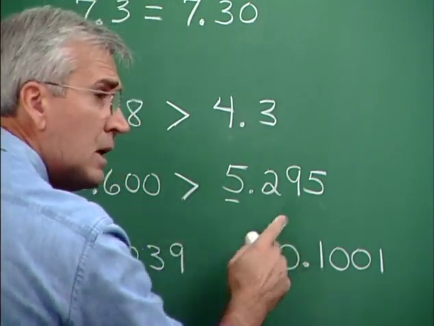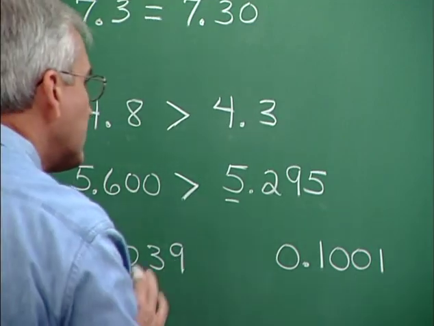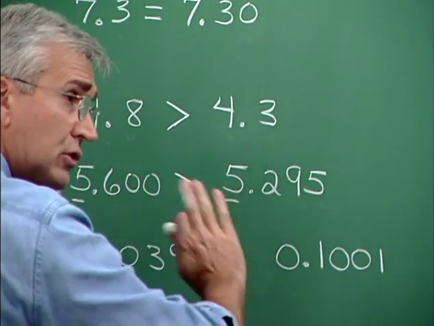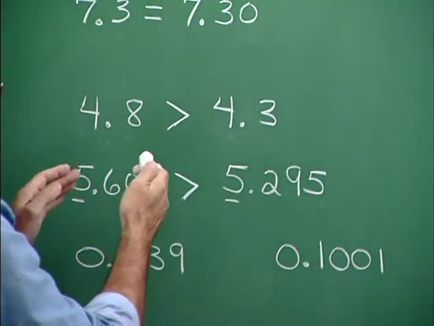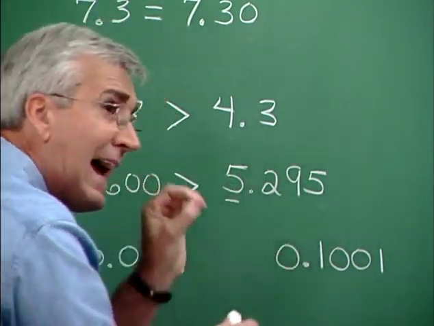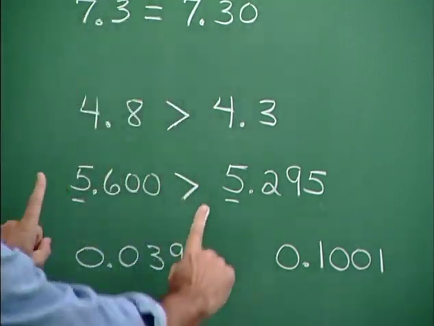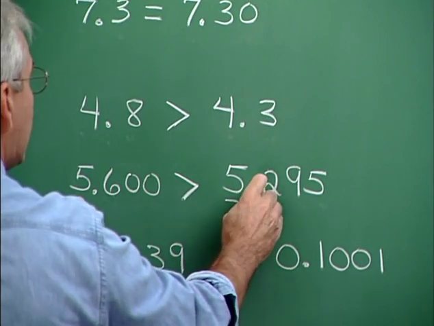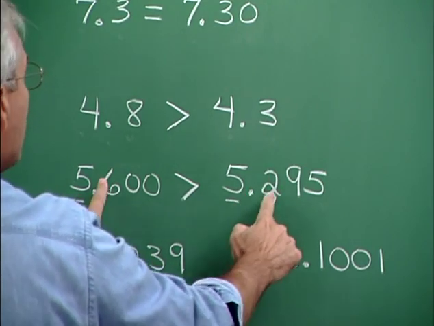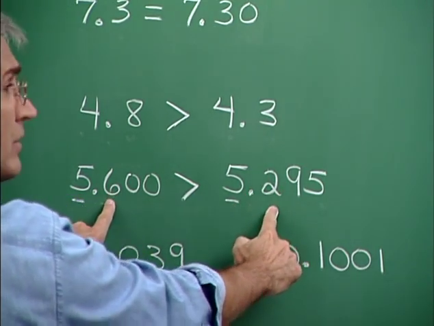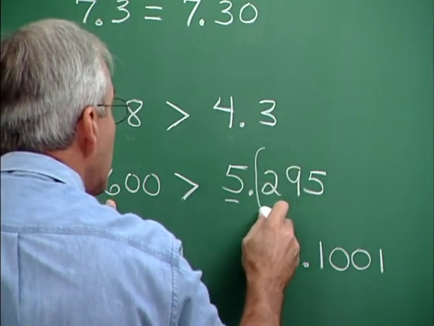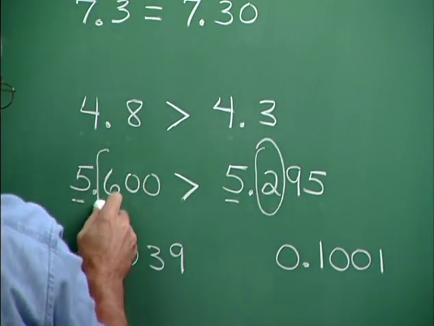Now, another way to proceed here is to simply look at the digits from left to right in the two numbers. And when the digits differ, that's when we really pay attention to the situation. See, looking left to right, the 5s are the same. And then we encounter a decimal point. Then we encounter the tenths. And all we need to do is really focus on the number of tenths we have here and the number of tenths we have here.